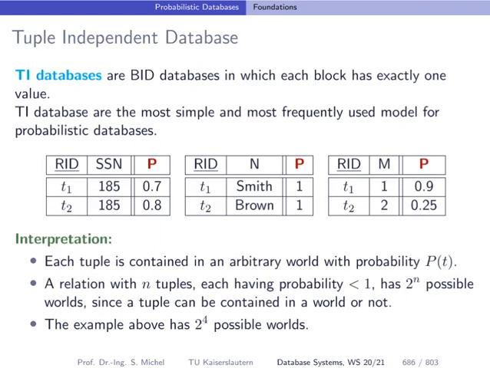The simpler way to write down probabilistic databases is the so-called tuple-independent database, where we have only the tuples, so there are no blocks like in the previous case, only tuples, and every tuple has a probability. Here we have again tuple 1 with this probability 0.7, so there are no alternate ways the tuple could carry a social security number. It's only one in this situation.